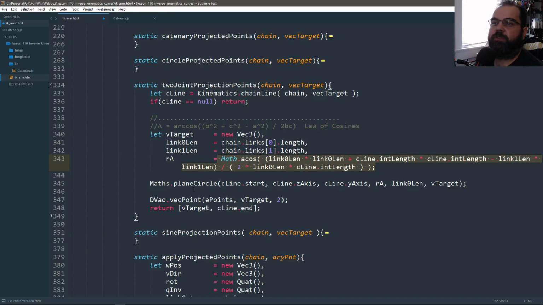Then I use a function that I have, which allows me to define a plane, a circle in a 3D plane. You'll see this a lot more in the video about constraints, one video from now, or next video, because I did all this in one go. I use this to calculate in 3D space the position of a circle, and it doesn't matter which plane it is.